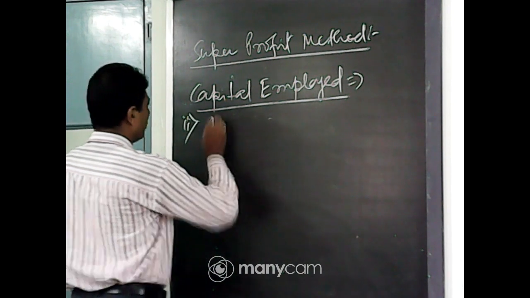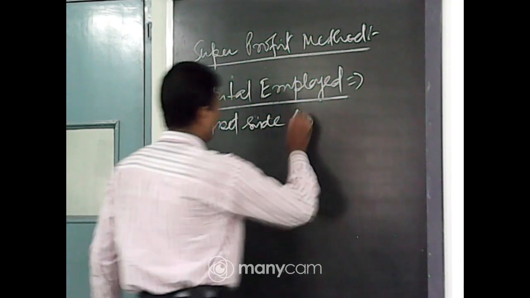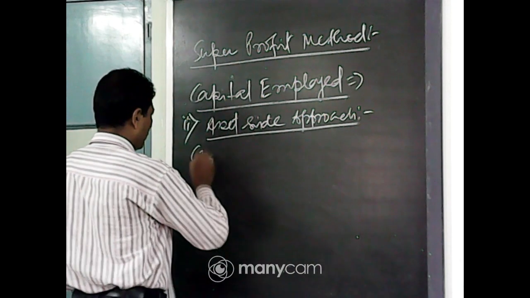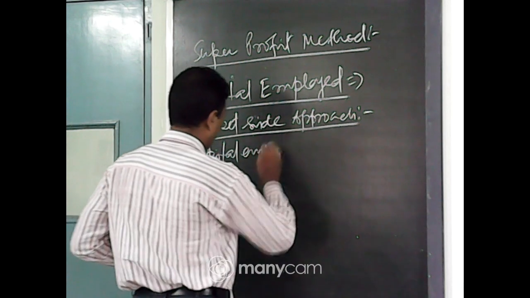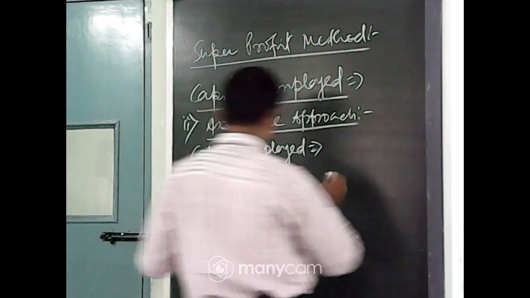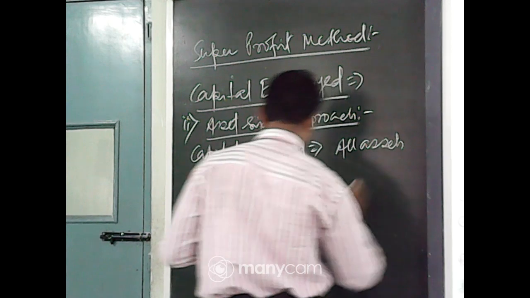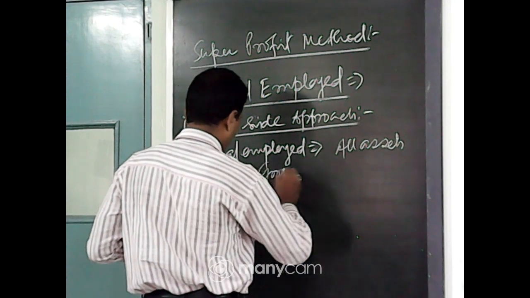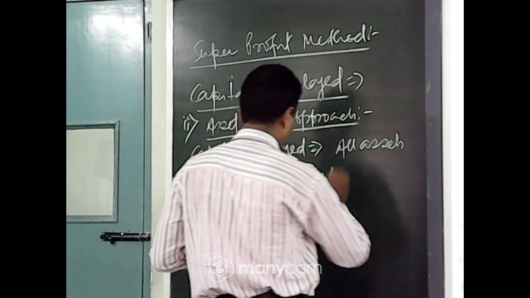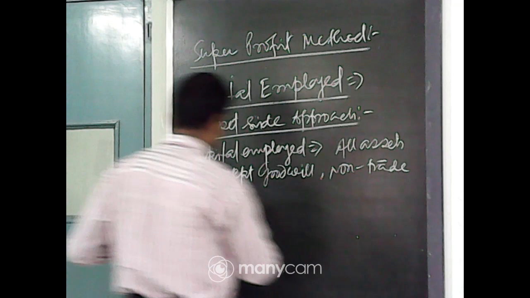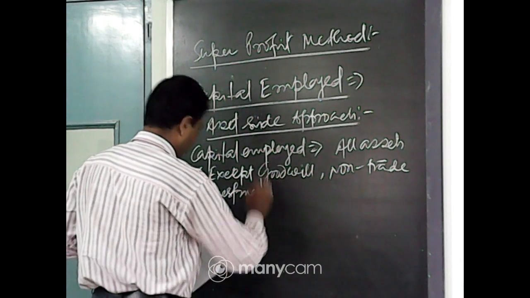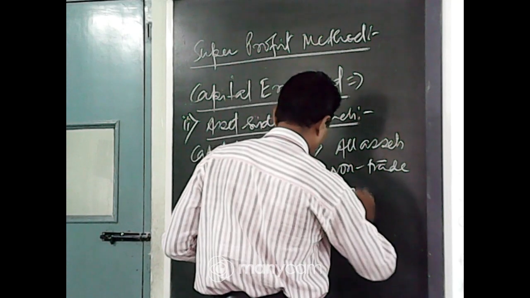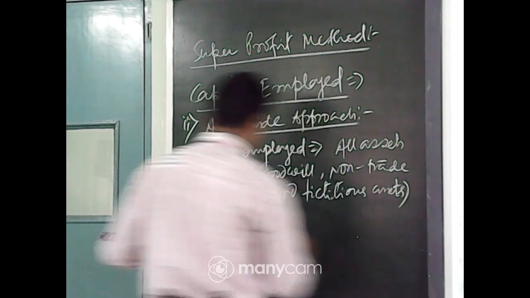Number two, asset side approach: capital employed is equal to all assets except goodwill, non-trade investment and fictitious assets, minus outside liabilities.